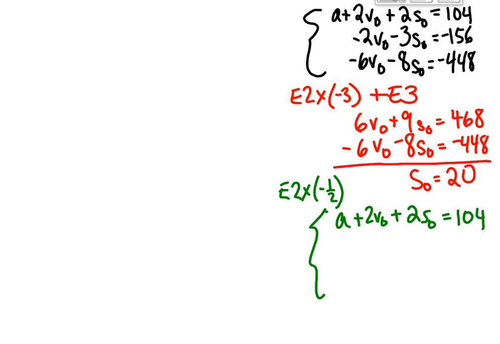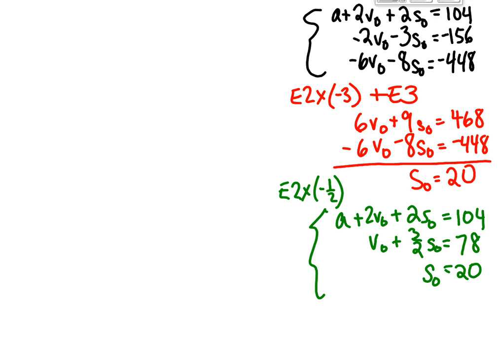So I'll get v sub 0 plus 3/2 s sub 0 equals, and then 156 divided by 2 will be 78. And then I'm just going to put in that last row, s sub 0 equals 20. So that's in row echelon form.